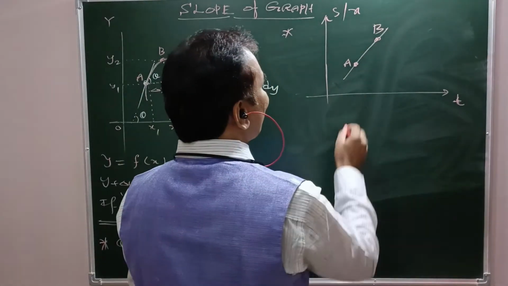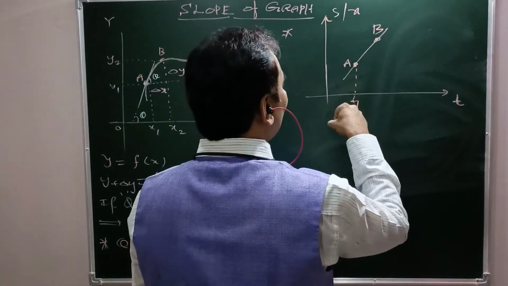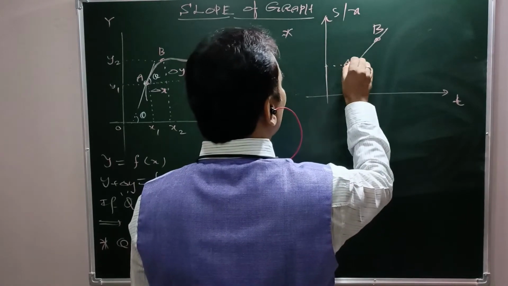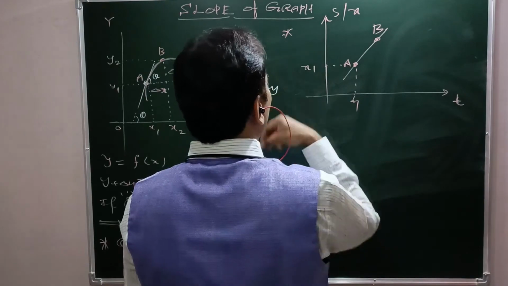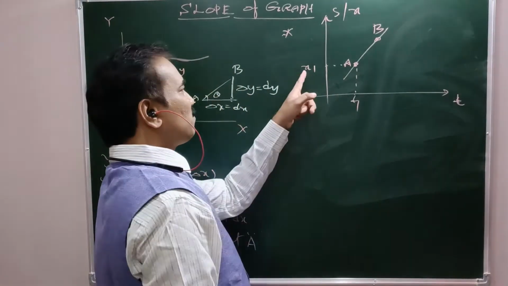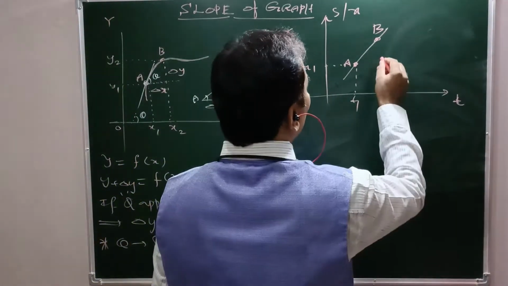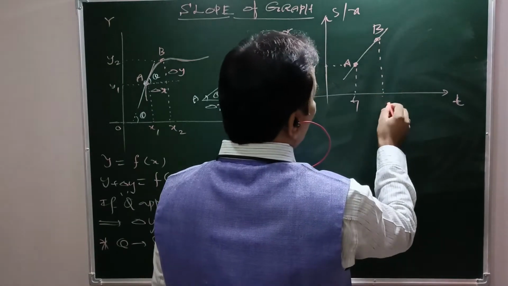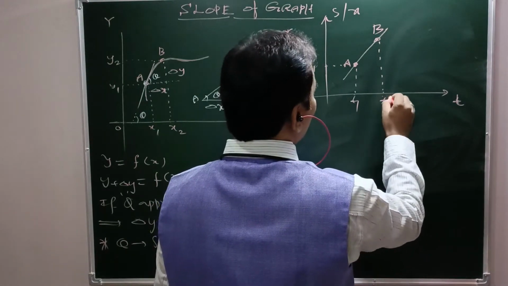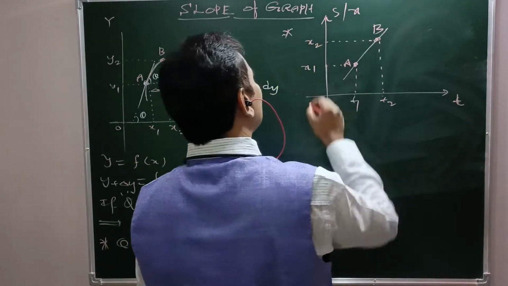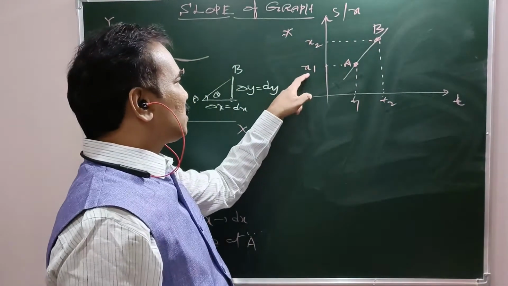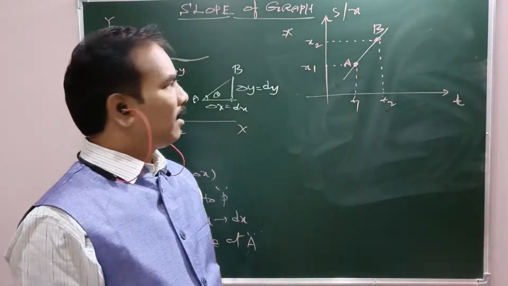Alright? Accordingly, what are the values here? This is T1, and this is either S1 or X1. Similarly, at point B, what are the values for time and displacement? Here it is T2, and accordingly here it is X2 or S2. Either X1 or S1, either X2 or S2. Right?